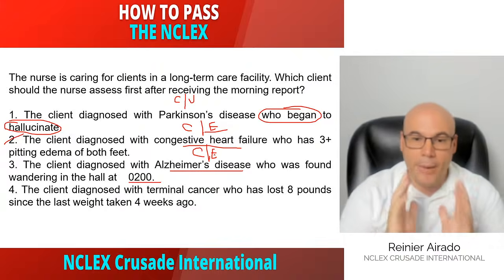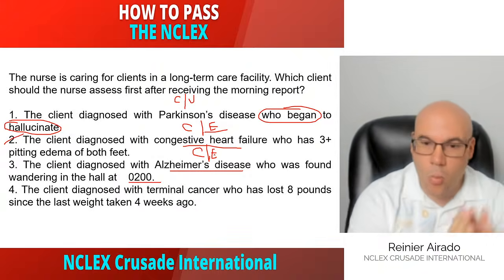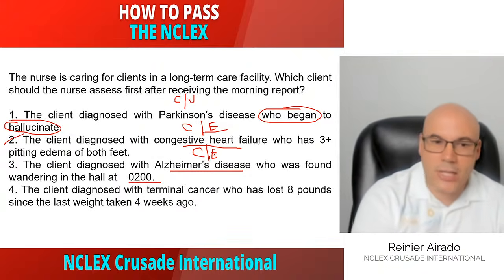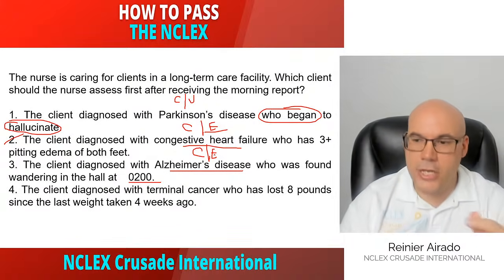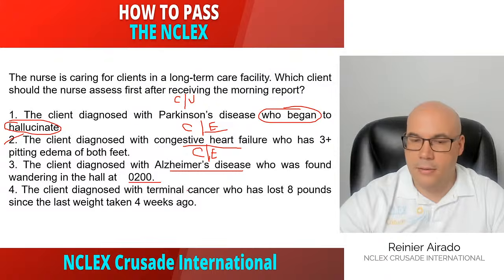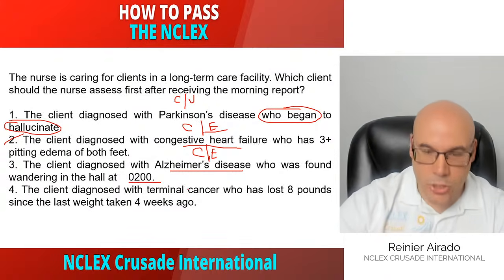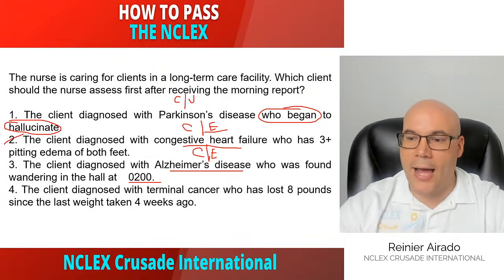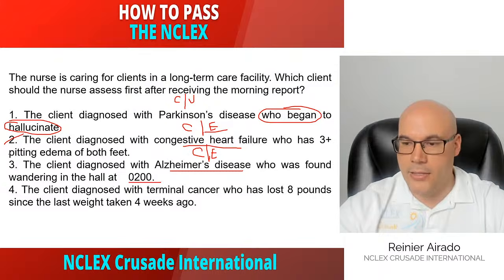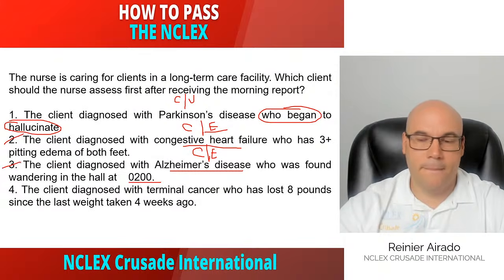So if I compare answer number 1 with answer number 3, there is a change in condition in answer number 1 that is unexpected, while answer number 3 is chronic expected. So I eliminate answer number 3.